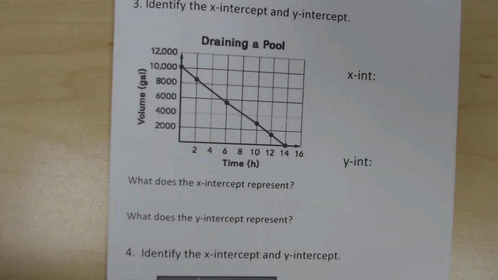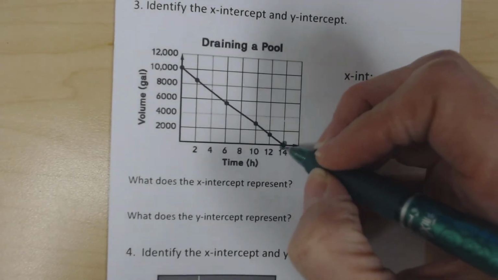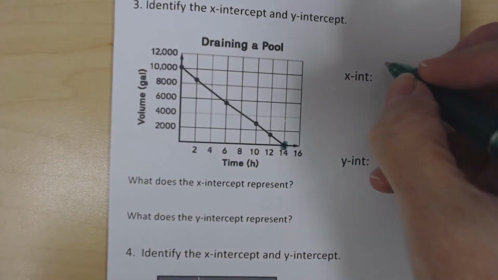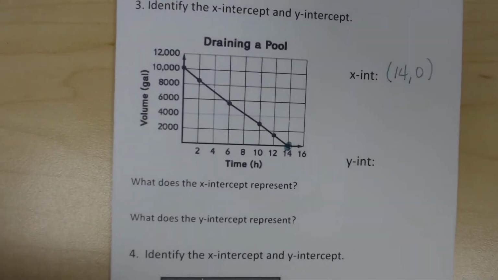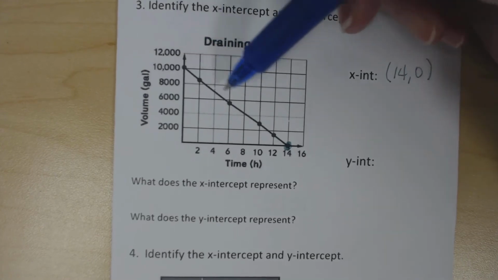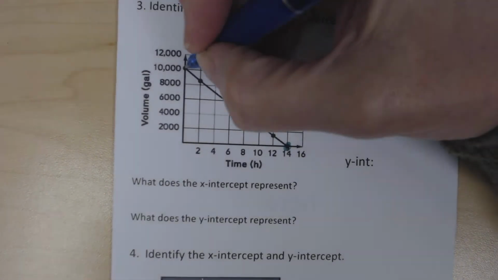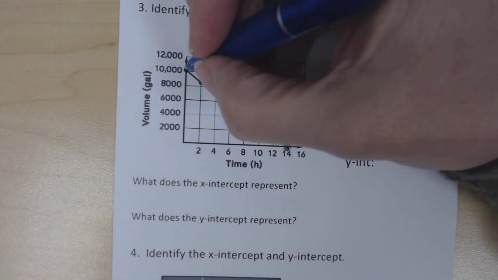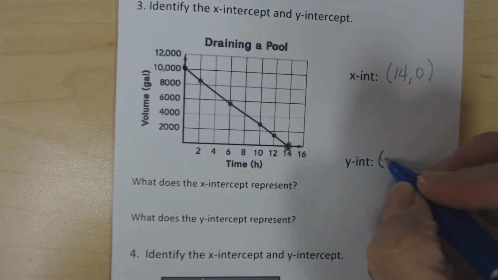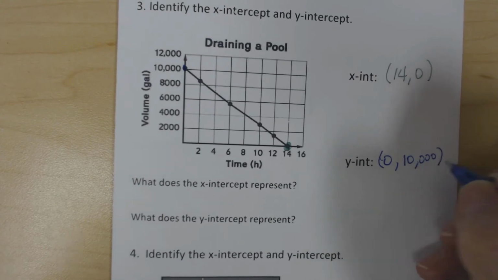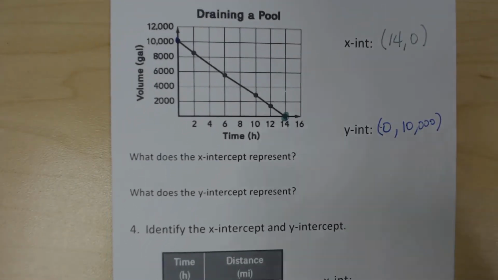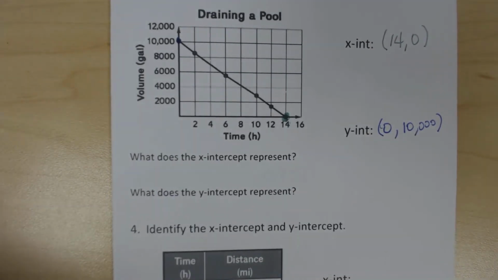My x-intercept occurs right here. Here's my x-intercept, and that ordered pair is (14, 0). My y-intercept is where this graph hits the y-axis. That hits here at 10,000, so x is 0 and y is 10,000. So what does this x-intercept mean?